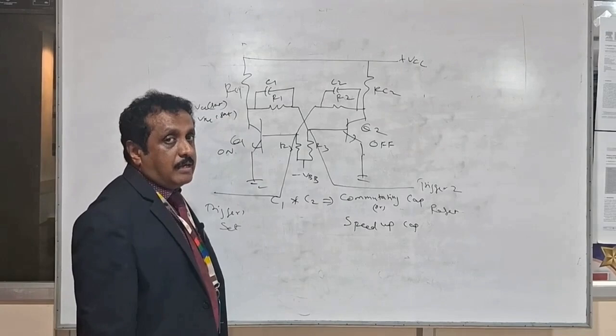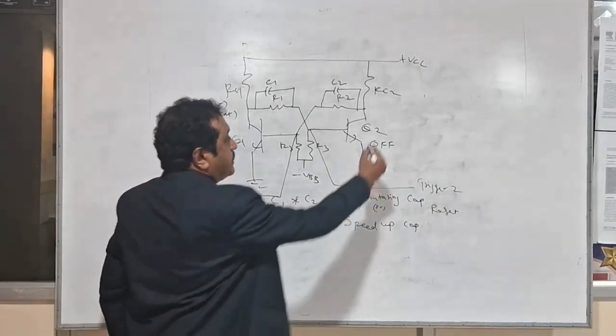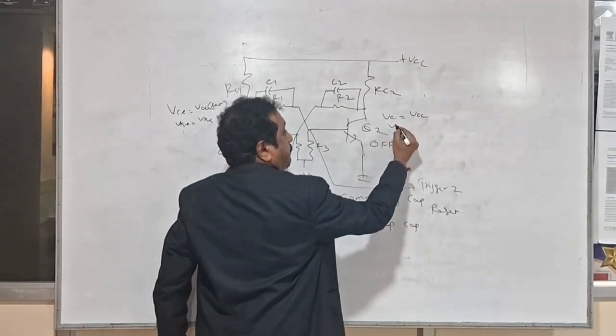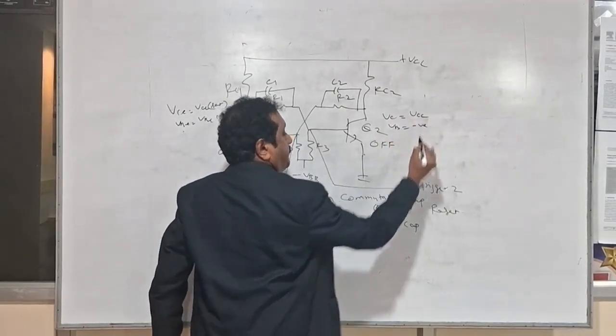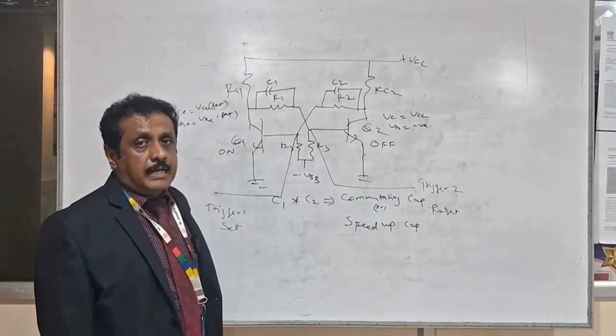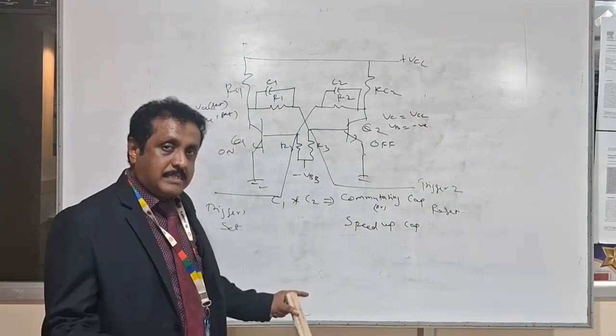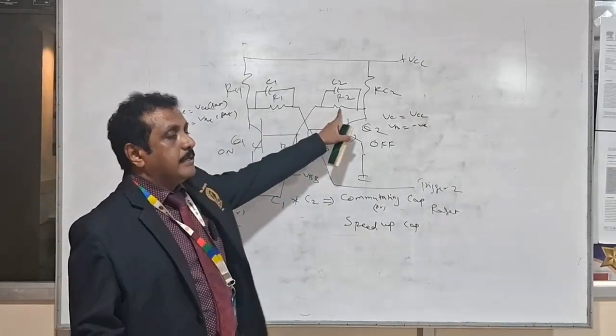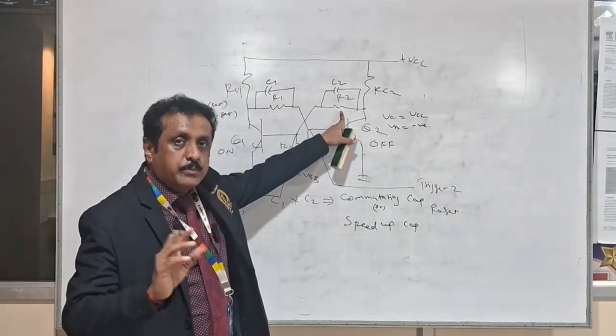The voltage level of the off state of the BJT is: collector voltage is equal to VCC and base is negative. Here there is no capacitor as a coupling device. So both the coupling elements are resistors R1 and R2.